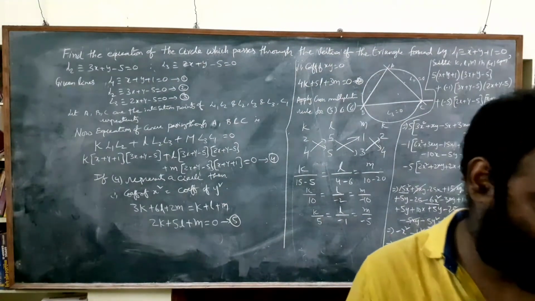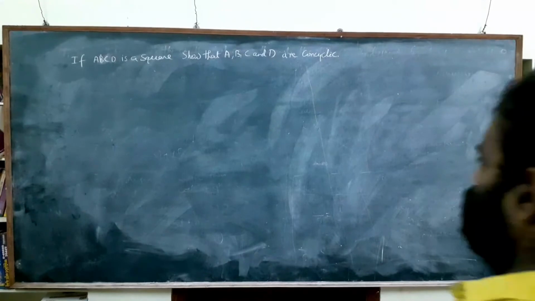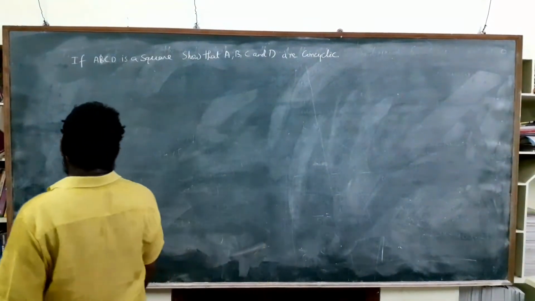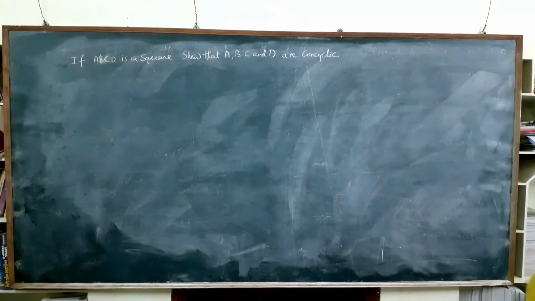Okay, next problem we have to see. So see, one more important sum it is. If ABCD is a square, show that A, B, C and D are concyclic. Here, if ABCD is a square, we have to show that ABCD are concyclic.